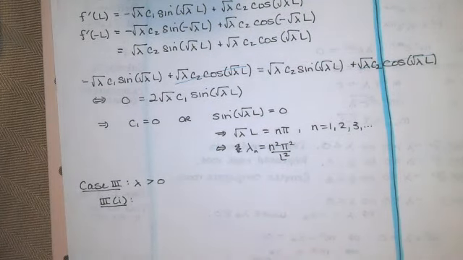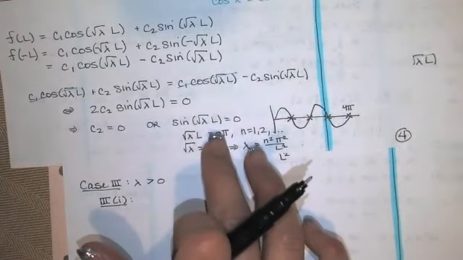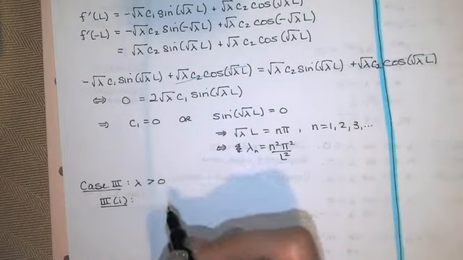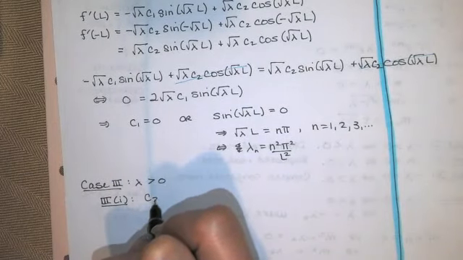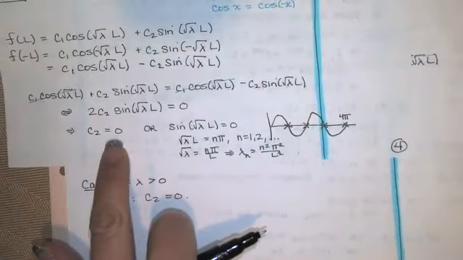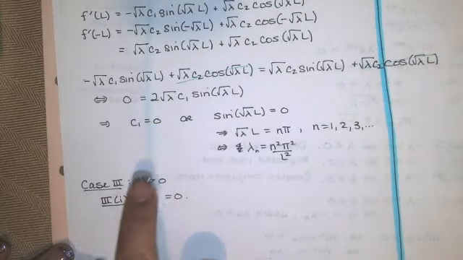You've got options. In order for this first boundary condition to be satisfied, this is 0 or this is 0. So let's say that C2 is 0. Now, if C2 is 0, then I go to the second boundary condition.